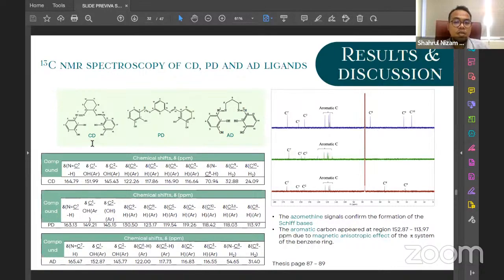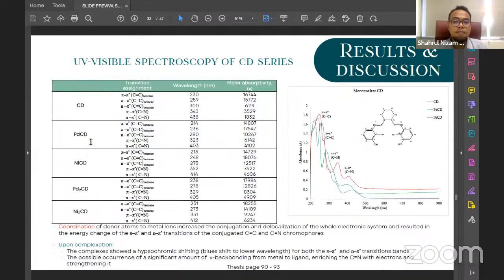This is nothing new. I know you know this. And with UV spectroscopy, we want to know the electron transition. It can be from n to pi star, because as I mentioned earlier, we have extra electrons in nitrogen. So those extra electrons can move from the n state to the pi antibonding state.